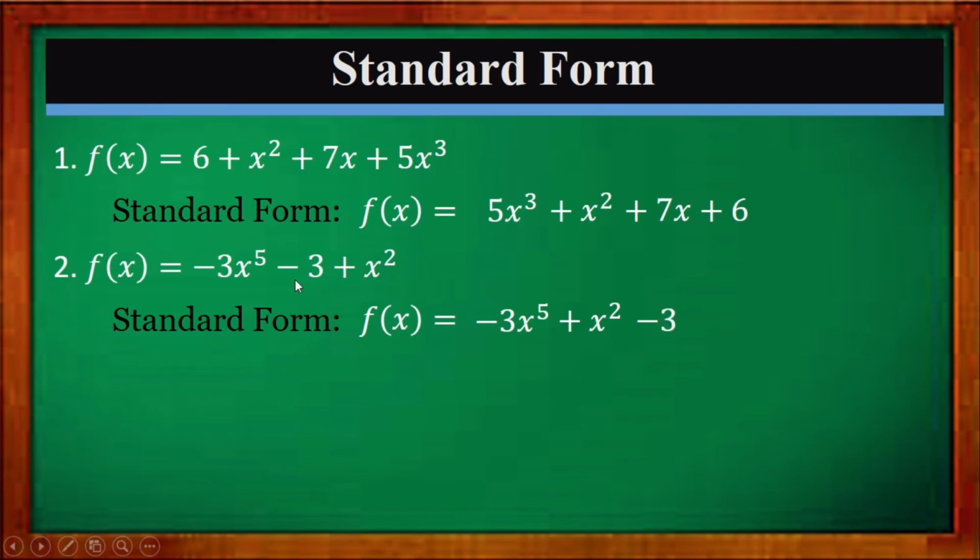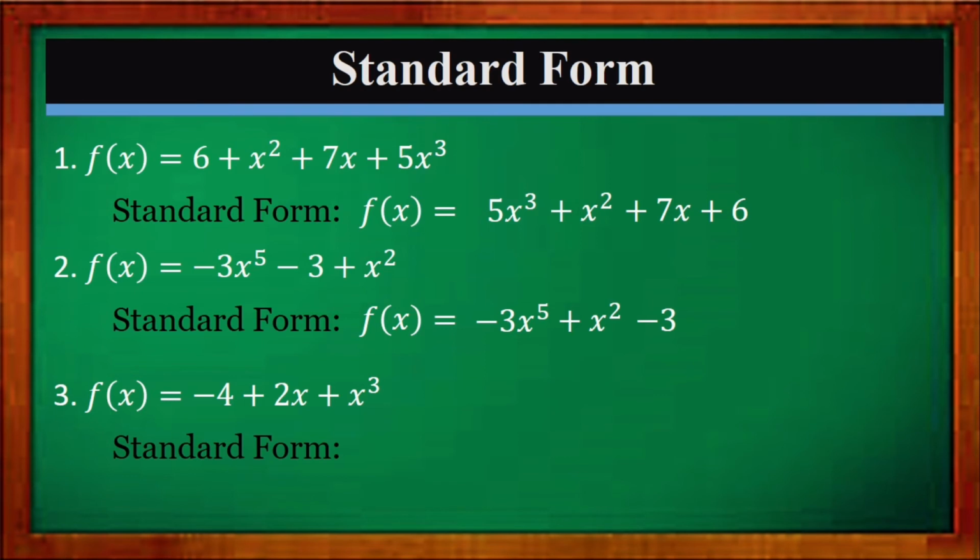Then our constant term, minus 3. Let's have our last example. F of x equals negative 4 plus 2x plus x cubed. And our standard form for this one is f of x equals, okay, the term with the highest exponent, we have x cubed, our cubic term. And next one will be our linear term, which is 2x. And our constant term, which is minus 4.